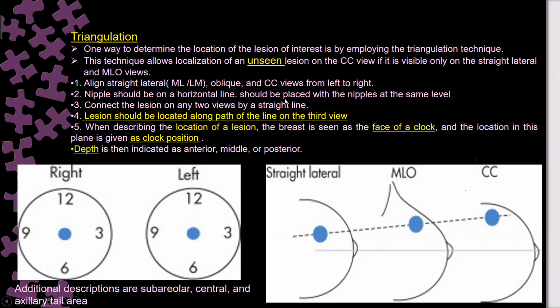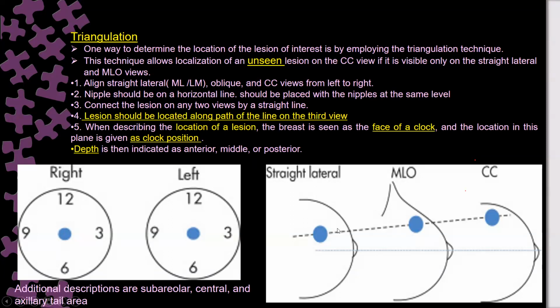Oblique and CC views from left to right. If you have done ML or LM, the straight lateral, put it first, put the MLO in the middle, and then put the CC view, but try to make the nipple aligned for the three views.